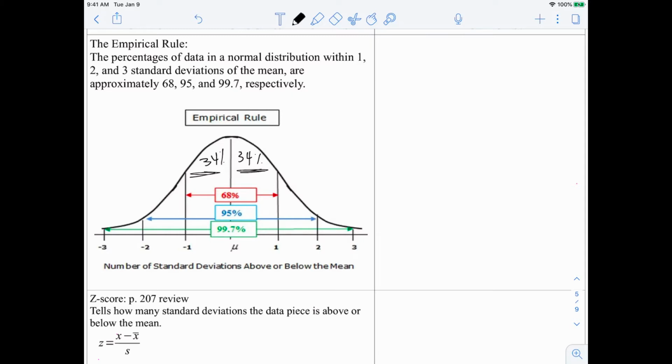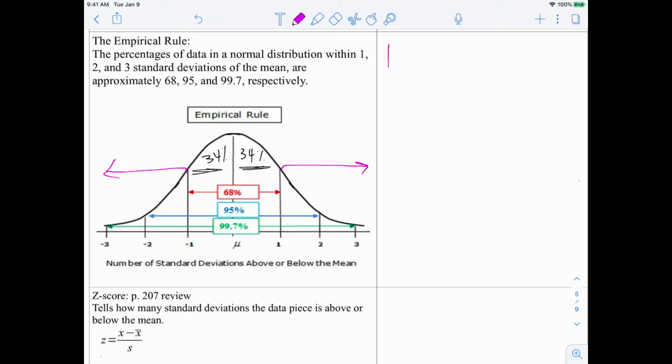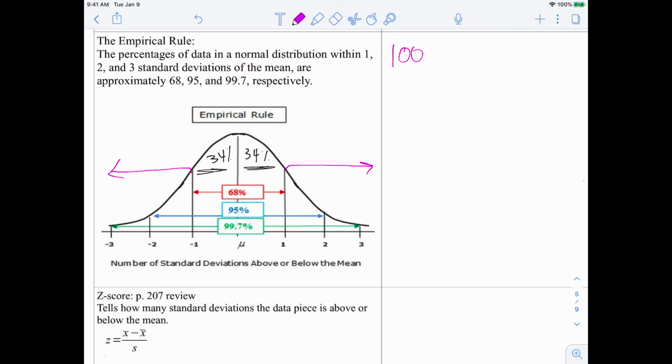The other really cool thing that this rule does is it allows us to figure out easily what percentage of the data is above 1 standard deviation, or 2 or 3, or below -2 or -3 standard deviations. So, for example, if I wanted to know the probability that a data value is above 1 standard deviation or below -1 standard deviation from the mean, we would take 100% of the data, and then subtract out that middle 68%, because that's not being included, and we end up with 32.